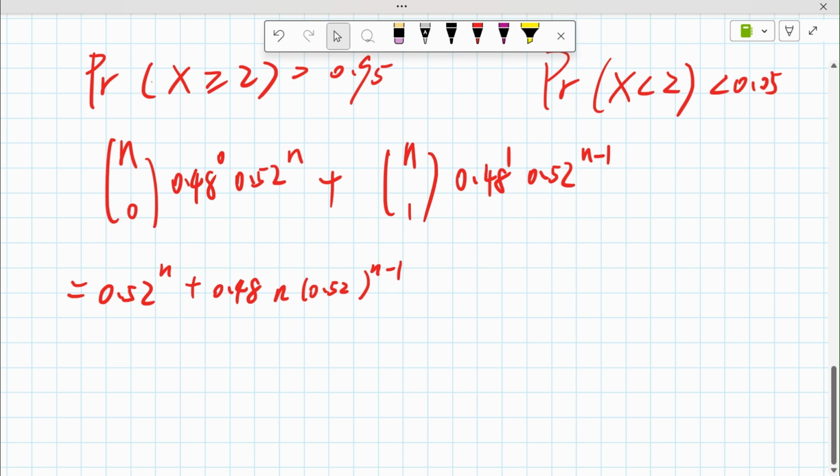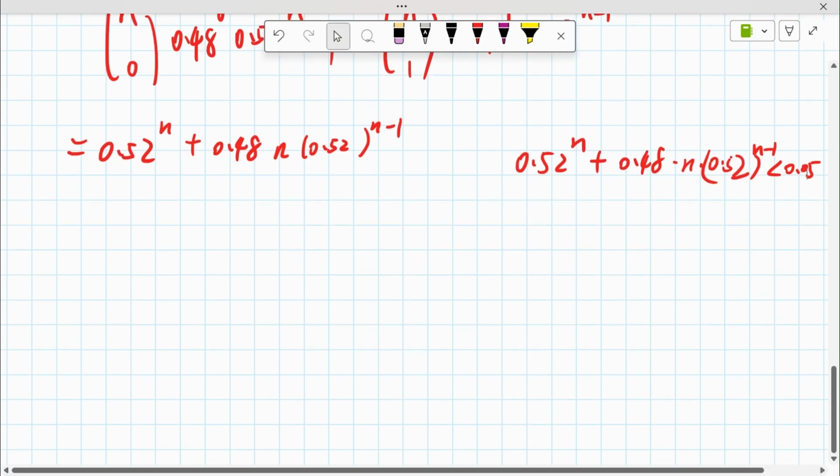So now we try to figure out the value of n. Because that's less than 0.05, we have 0.52 to the power n plus 0.48 times n times 0.52 to the power of n minus 1 less than 0.05.